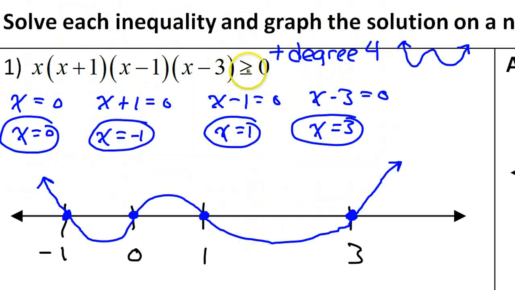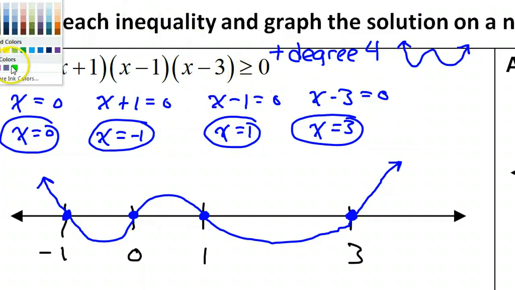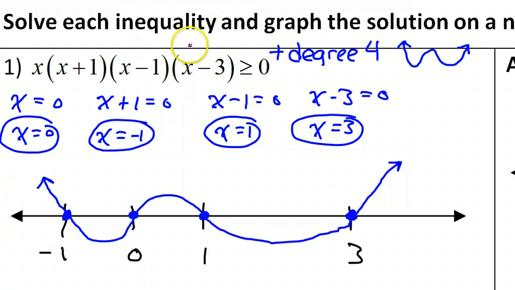Now, we want to know where is the function greater than or equal to 0. Okay, so we are interested in the part of the graph that is above or equal to 0. Alright, of course, the places where it's equal to 0, those are the x-intercepts themselves, so keep that in mind.